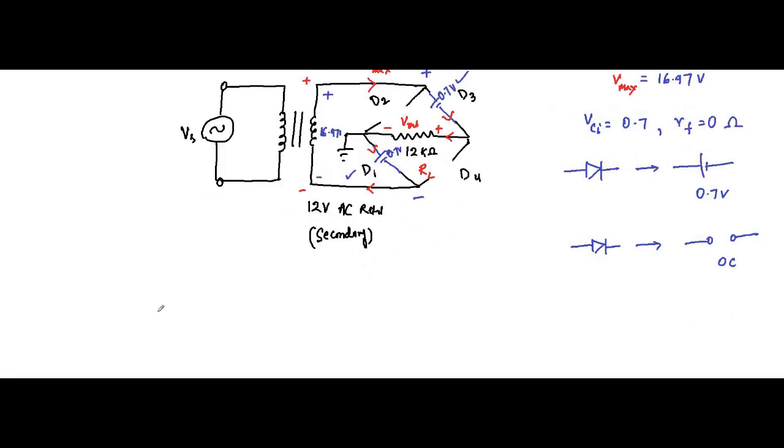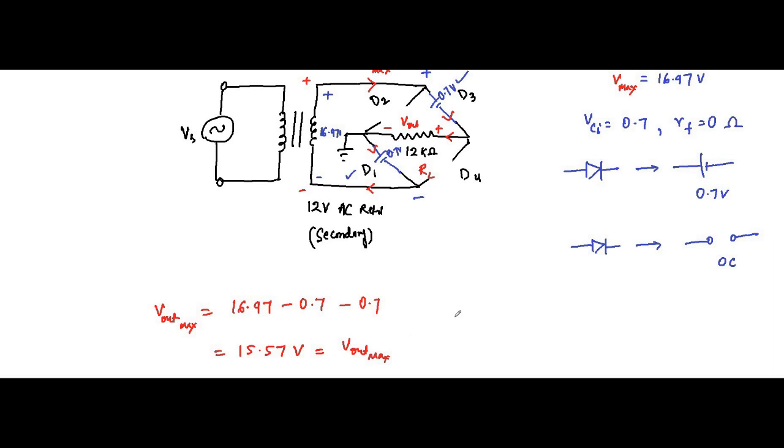So if we apply KVL here, V out max is equal to 16.97 minus 0.7 minus 0.7, because V out is already taken. That is 16.97 minus 1.4, which is 15.57 volt. That is the maximum value of the output voltage.